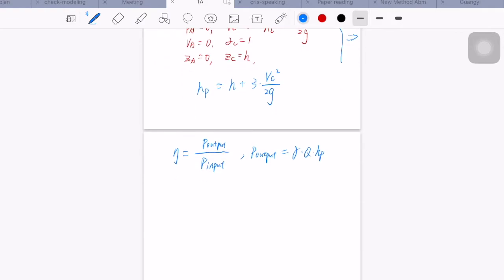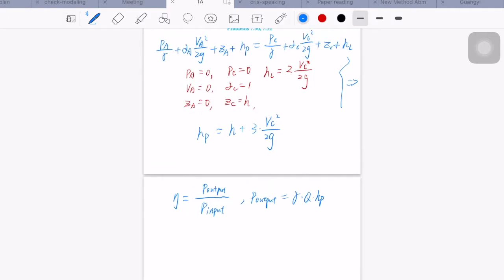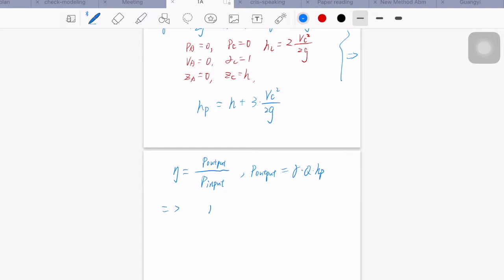So now we can get that eta should be equal to gamma times Q times HP divided by P input.